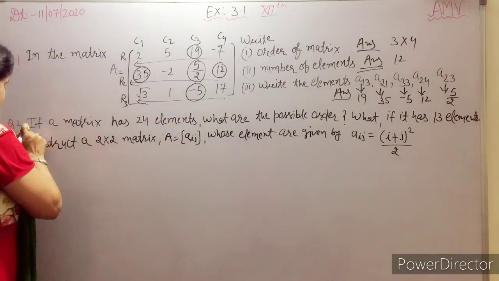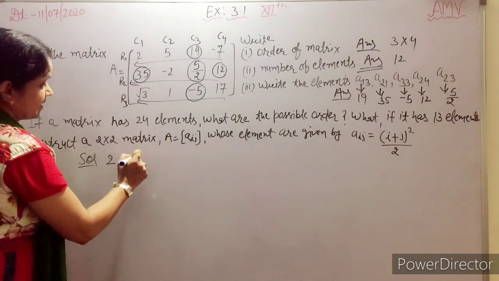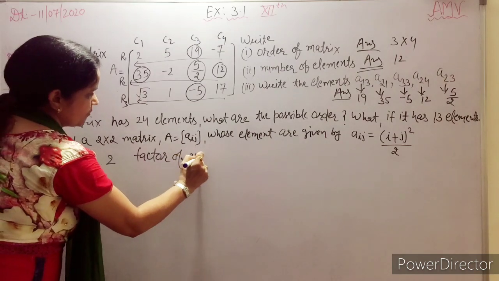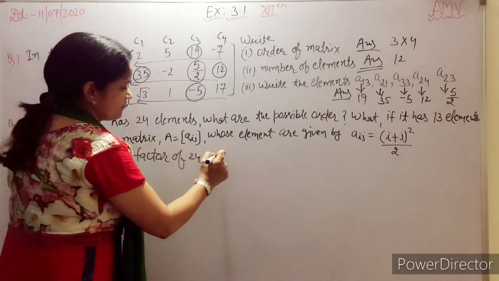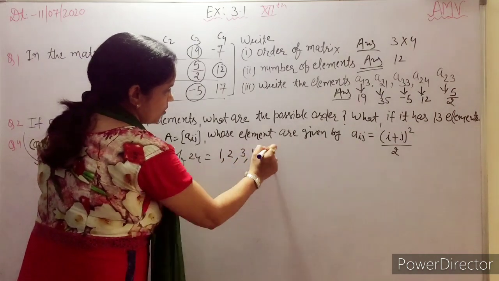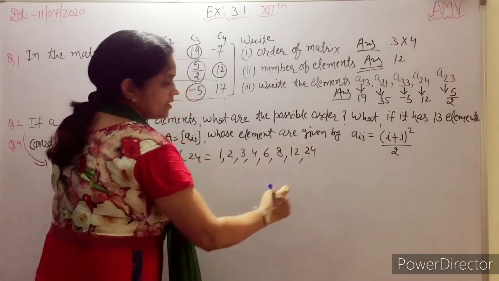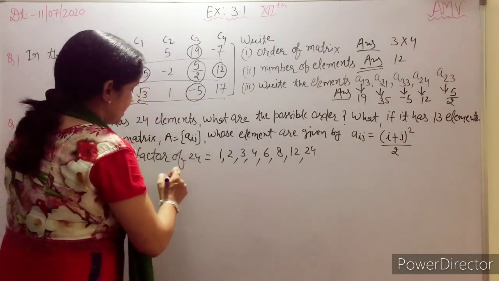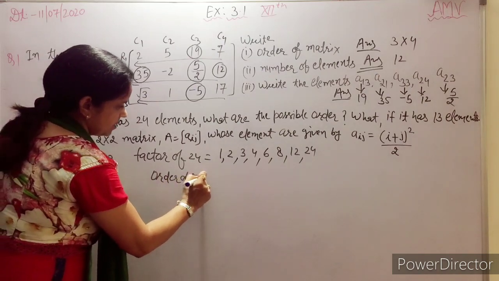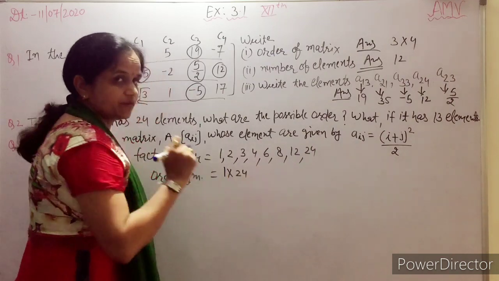Okay, so for this question, student, first write the factors of 24. Okay, so the factors of 24 are 1, 2, 3, 4, 6, 8, 12 and 24 itself. And now write the orders. Order of matrix, it is, student, 1 by 24.